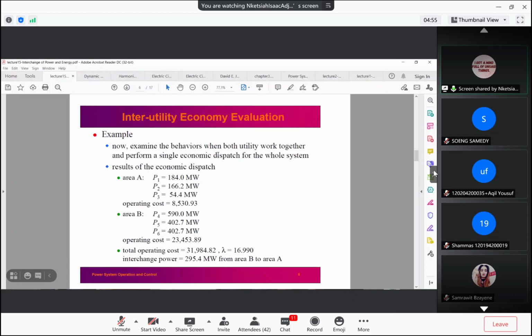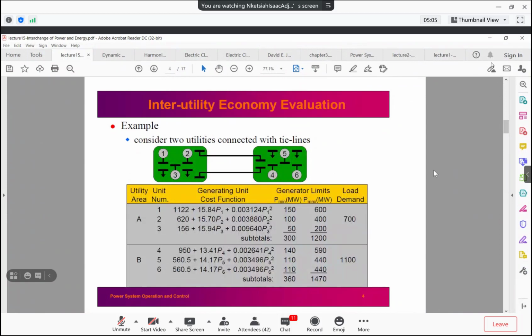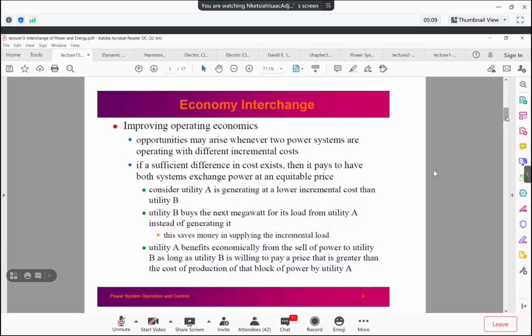As my friends have already said, we are going to talk about these calculations, because they've already given us the introduction.